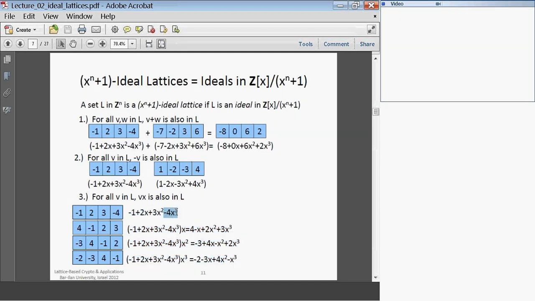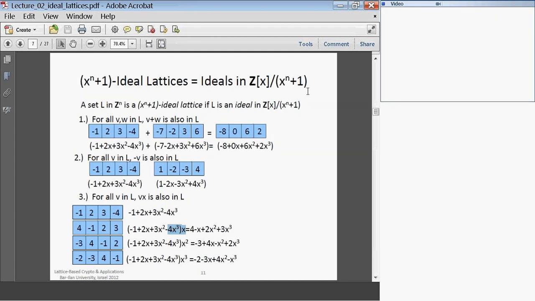In other words, let's say we have minus x to the power of 3. When we perform the cyclic shift, in other words, multiplication by x and division by x to the power of 4 plus 1, the sign of the coefficient changes. It becomes the opposite, and again, it's very easy to show by performing it term by term, by taking the term and dividing by x to the power of 4 plus 1.